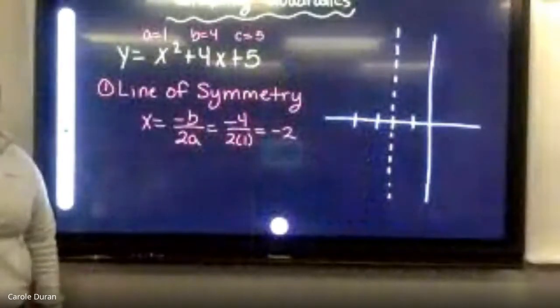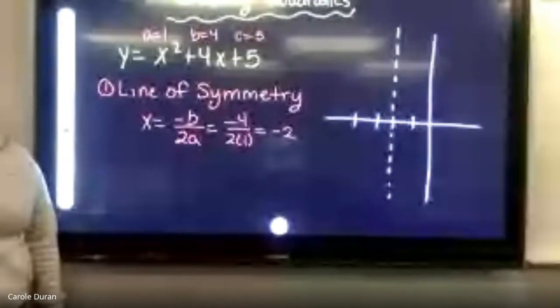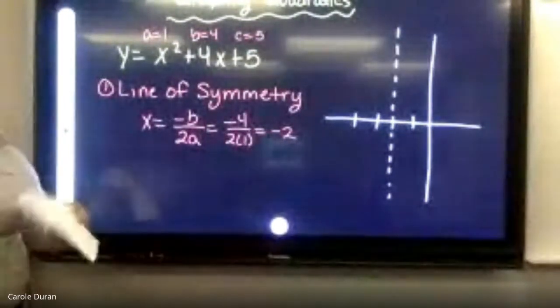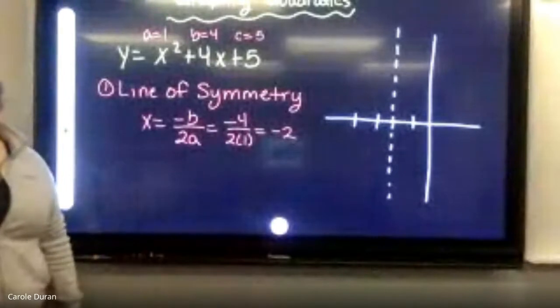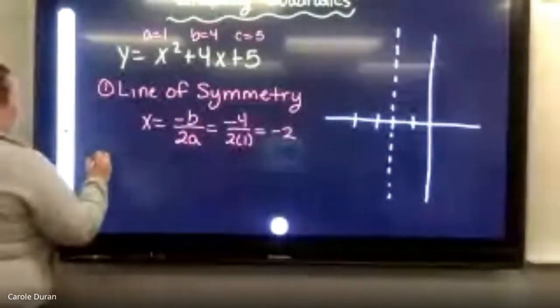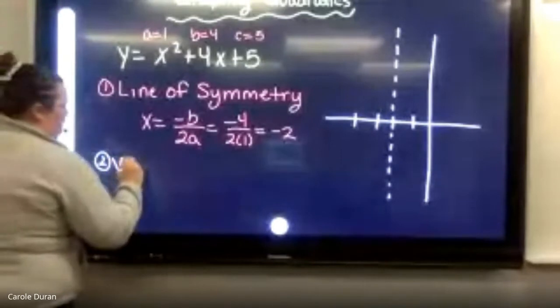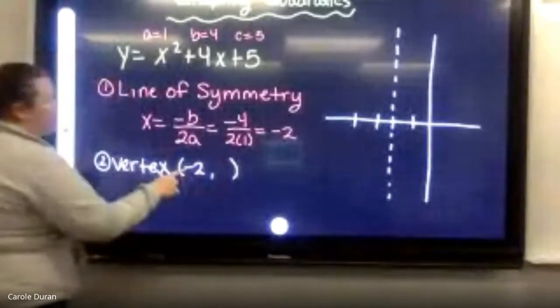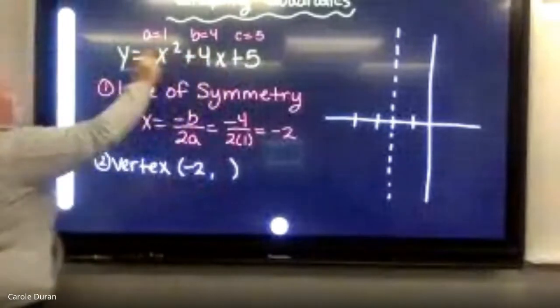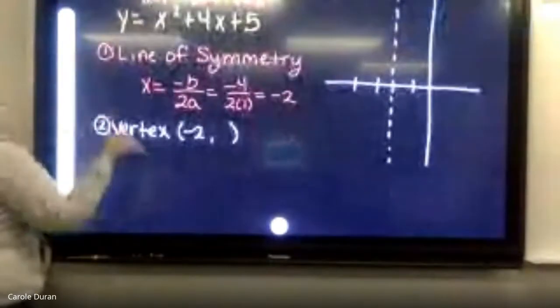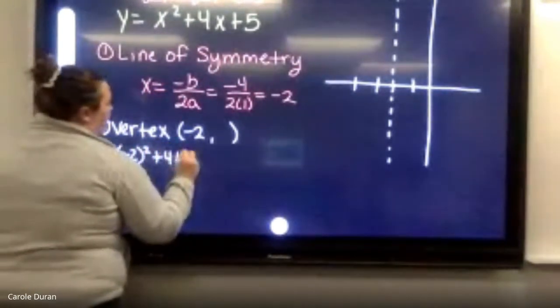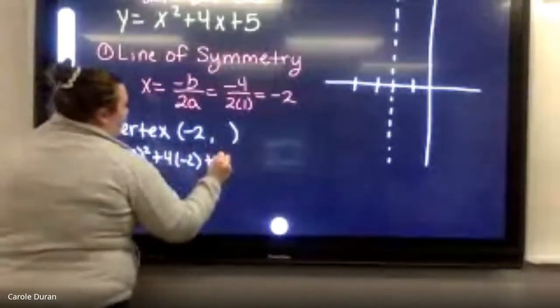It just so happens that this line of symmetry is also the x-coordinate of the vertex of my parabola, which is the highest or the lowest point. So I still need to find the y value. In order to find that y value, I need to take negative 2, plug it back in for x, and simplify. So I'm going to have negative 2 squared plus 4 times the negative 2 plus 5.